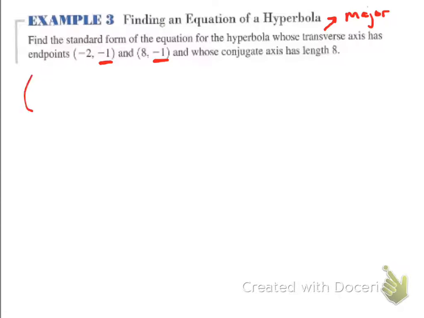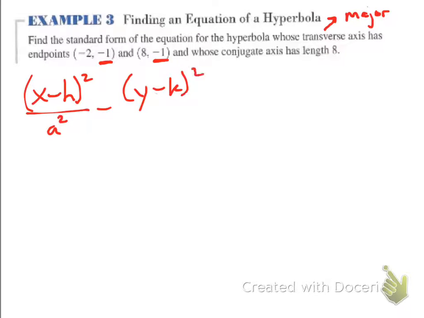So, here's our x minus h squared over a squared minus y minus k squared over b squared equals 1. So we have to find h, k, a squared, b squared. Now, the center.